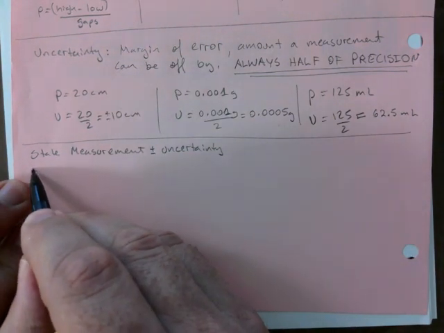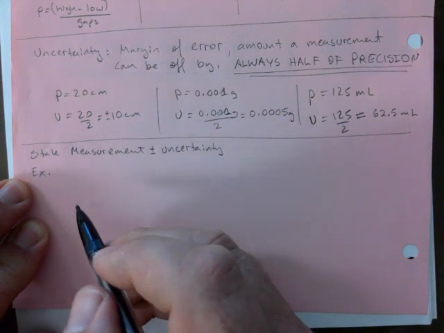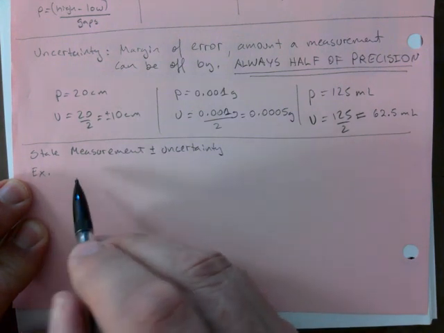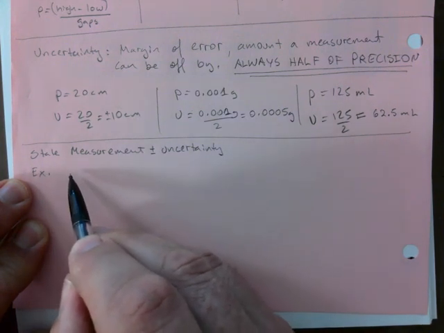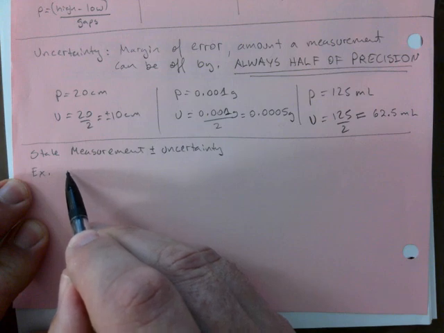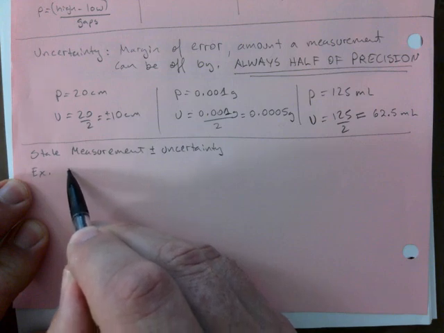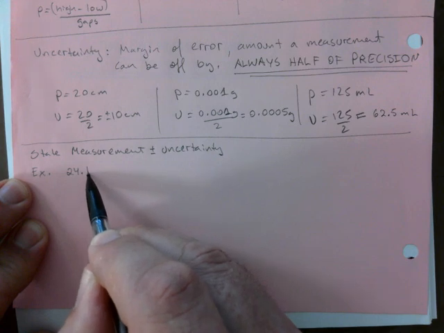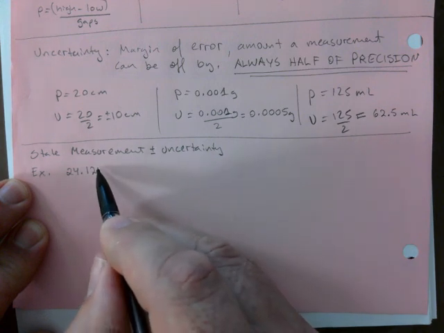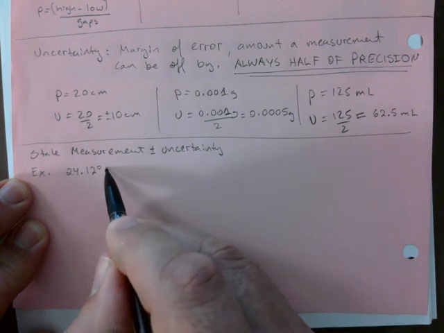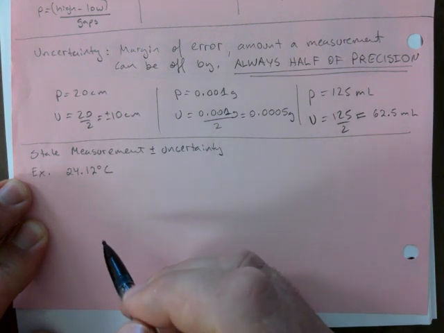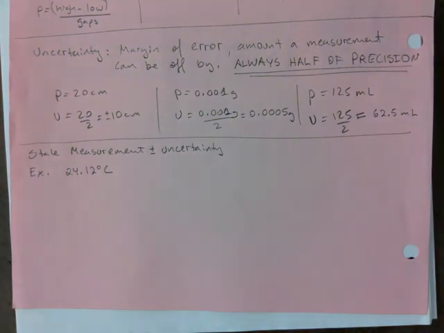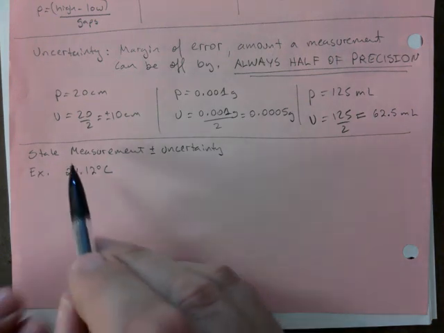I'm just going to give you an example with numbers, like a number that you're given. So let's say 24.12 degrees Celsius. Let's say this is the measurement you're given, and you're asked to state it like this.